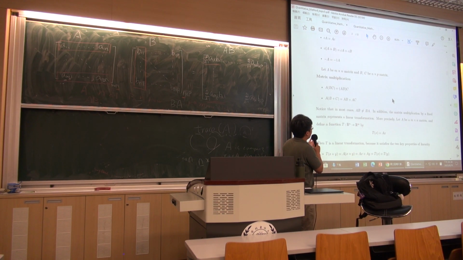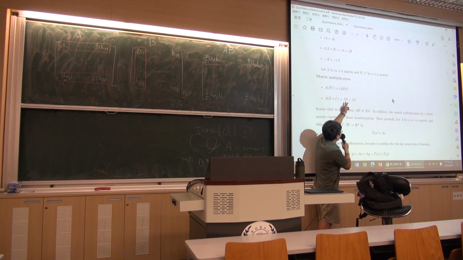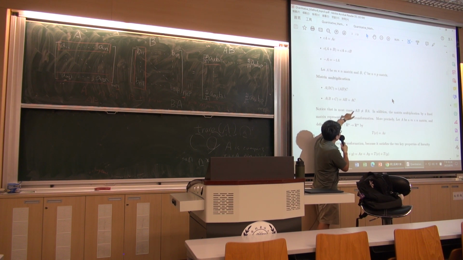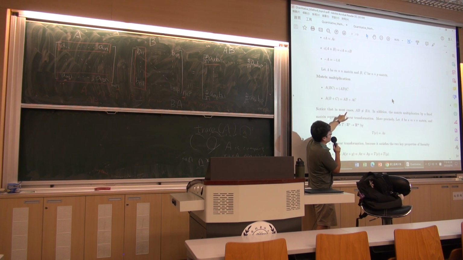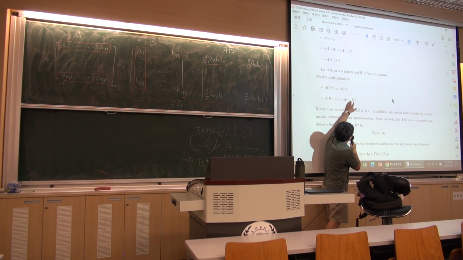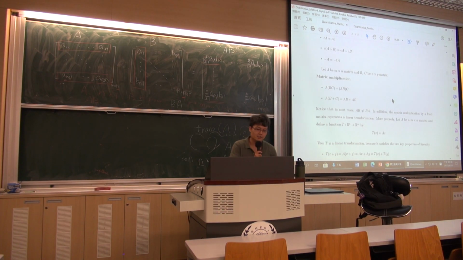Just be careful that when you do the distributive rule, you cannot switch the order. If you put A on the left hand side, then A must appear on the left hand side. And if A is on the right hand side, then it's the other way around. A should appear on the right hand side. So that's the idea.